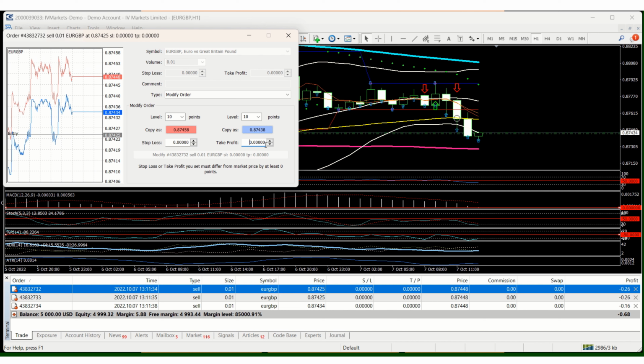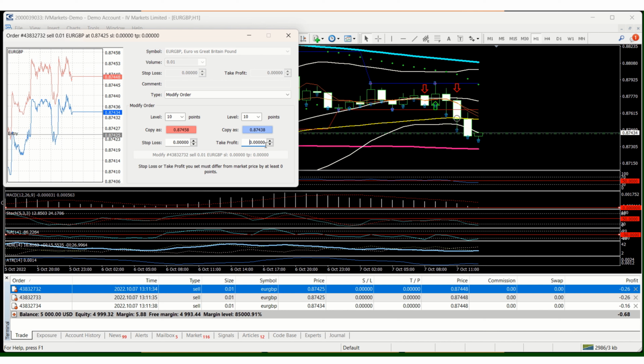And for the stop loss, it will be 0.87425 plus 0.0136.